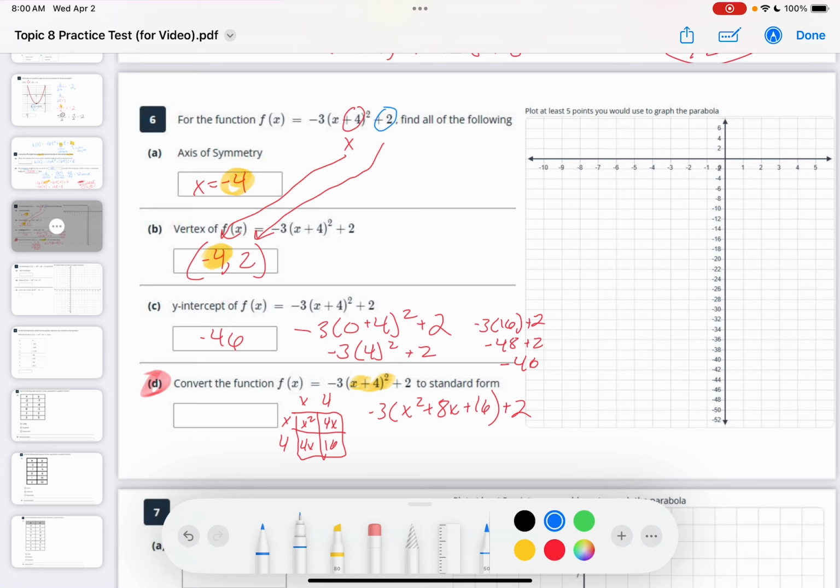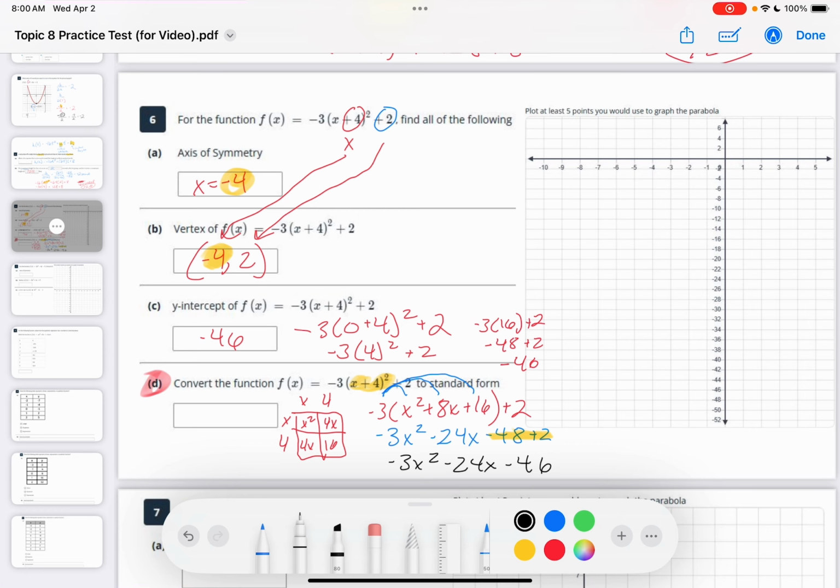So now it's a matter of just distributing that negative 3 through the parentheses. Negative 3x squared minus 24x minus 48, and then plus 2, and then we can combine like terms here, giving us negative 3x squared minus 24x minus 46.